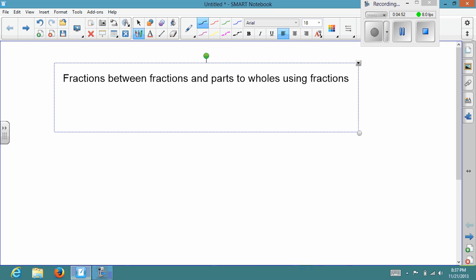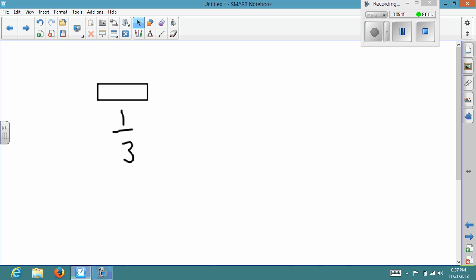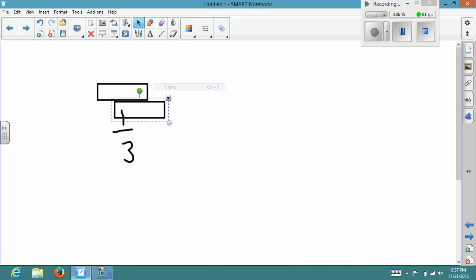The second thing that I said I was going to talk about was parts and wholes using fractions. An example of this would be, supposing I have this little rectangle here, and I say that rectangle is 1/3 of a fraction strip. What would the whole look like? If that's 1/3, I am going to need 3 of these.